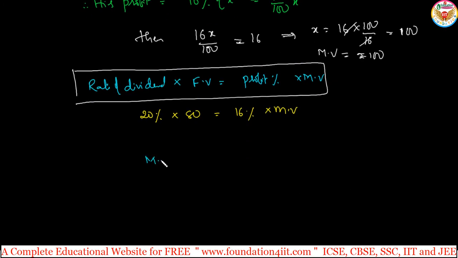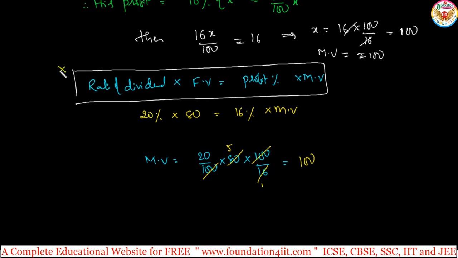So MV is equal to 20 by 100 into 80, into 100 by 16. Yeah, so you can calculate this directly and you get the answer. Same 100 cancel. 16 times 1, 5. 20 into 5 is 100.